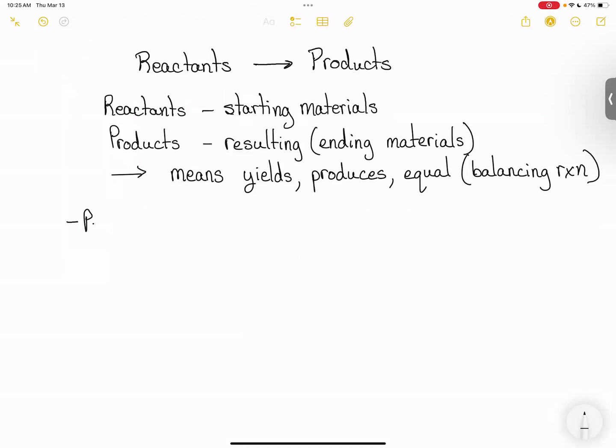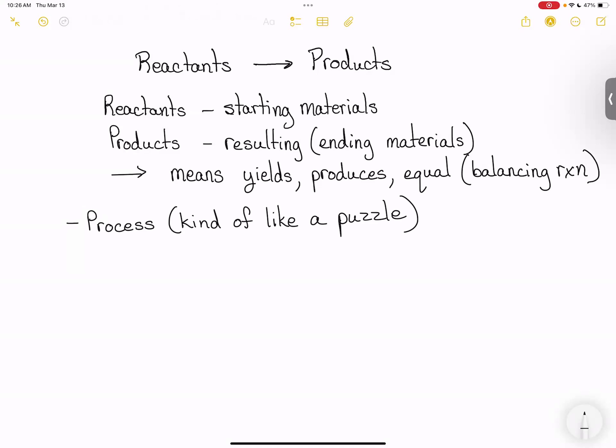Now the process for balancing a chemical reaction. Balancing a chemical reaction is very much, to me, like a puzzle. Meaning, I can't give you specific directions as to how to do it.